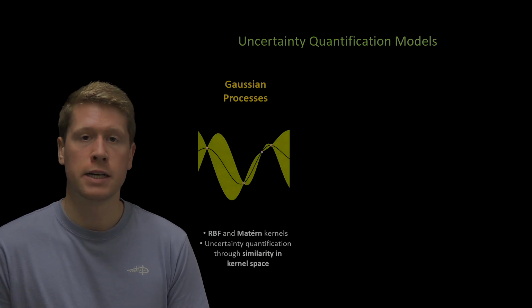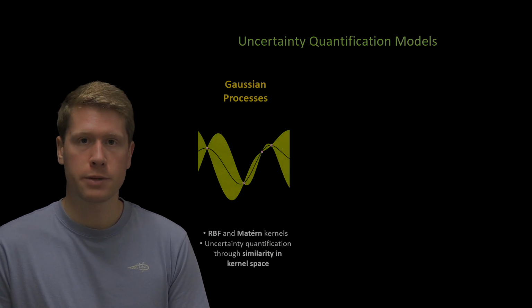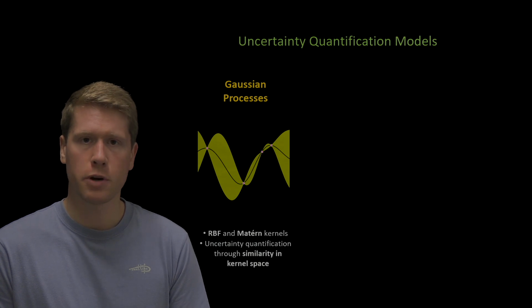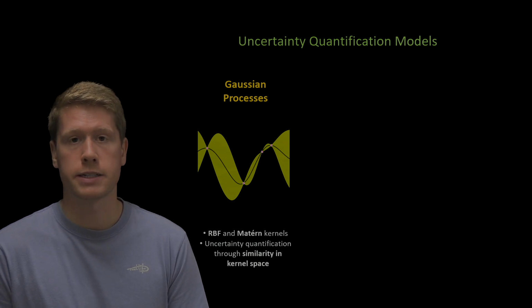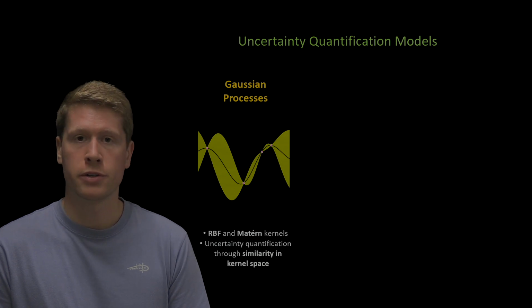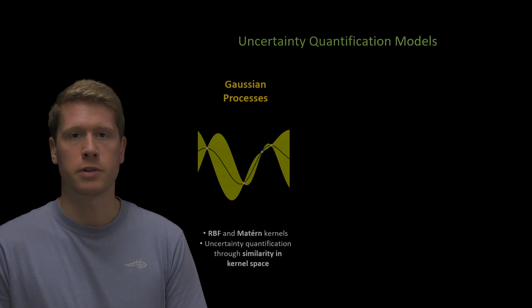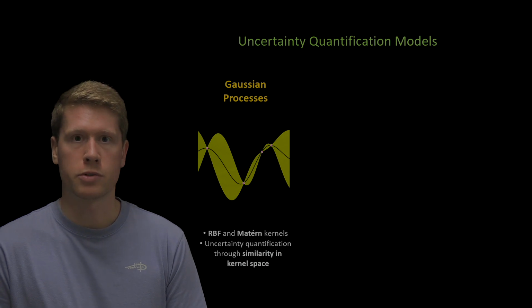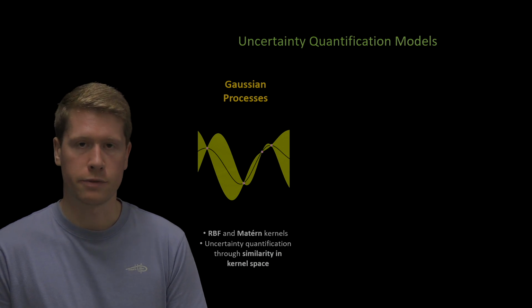We've looked at 3 different uncertainty quantification models. Gaussian processes, which are kernel-based methods. We've looked at RBF and Mertens kernels, and Gaussian processes are generally the benchmark and the most commonly deployed uncertainty quantification models.